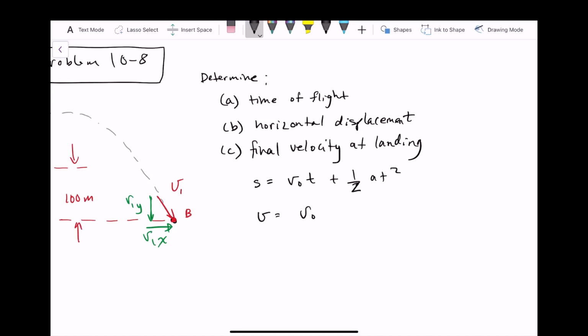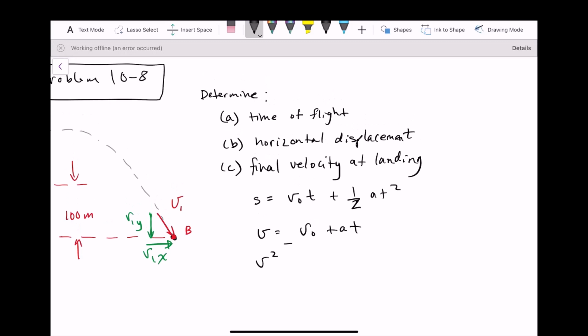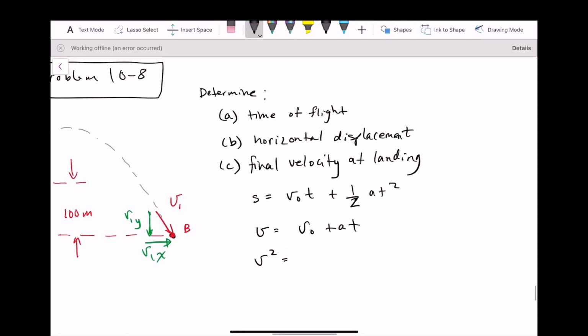V is equal to v0 plus at. And last we have v squared is equal to v0 squared plus 2as. So our 1, 2, 3 equations of motion.